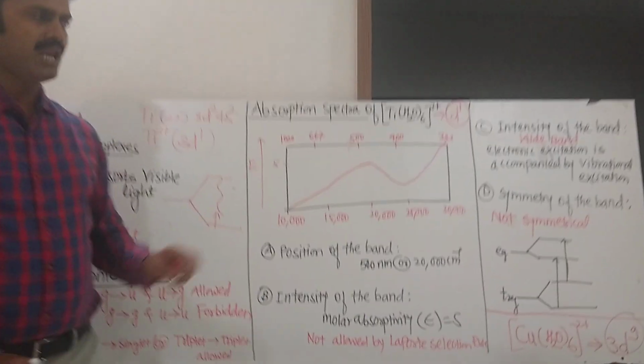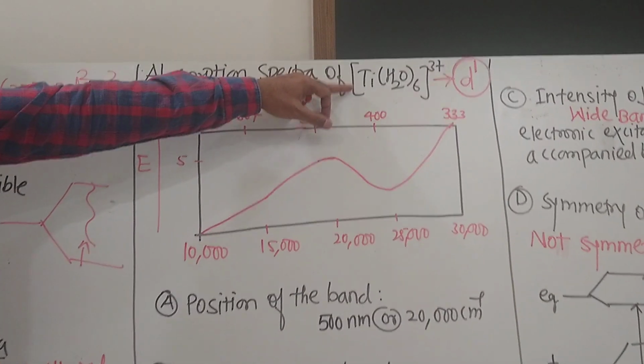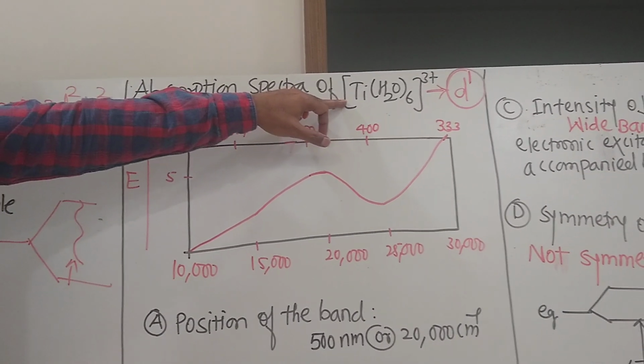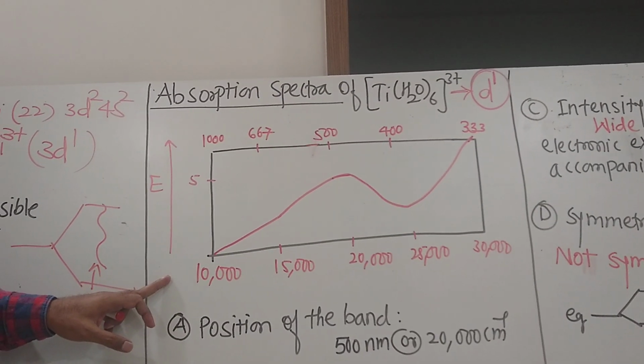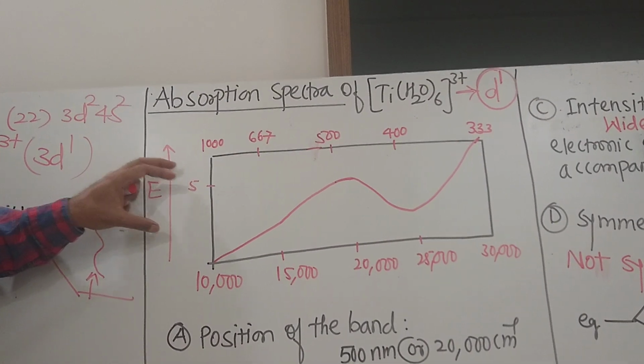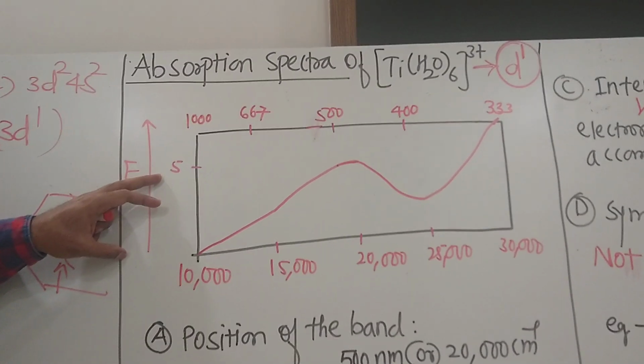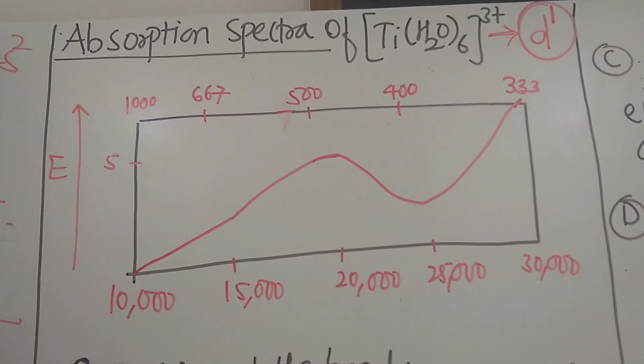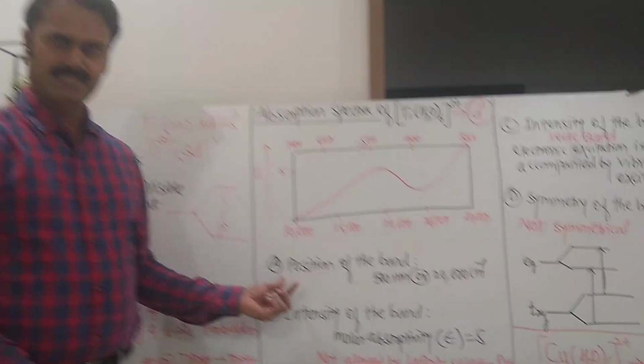So this is the actual absorption spectrum of the hexaaquatitanium(III) complex. This absorption spectrum can be explained in 4 parts.